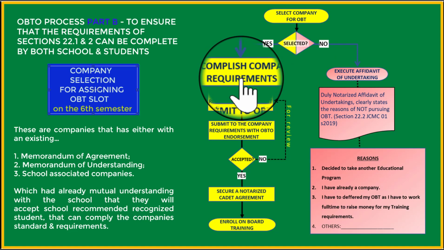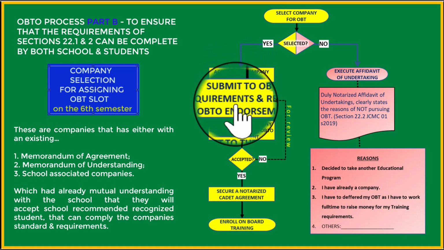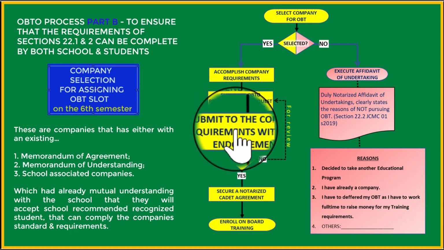Once you have accomplished the company requirements, you proceed to your onboard training office and submit all the requirements and request for an OBT endorsement to the company. Then after you get the endorsement, you proceed to the company and submit all the requirements with the OBT endorsement.